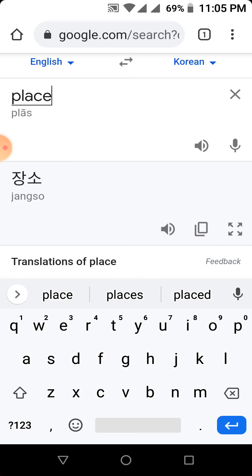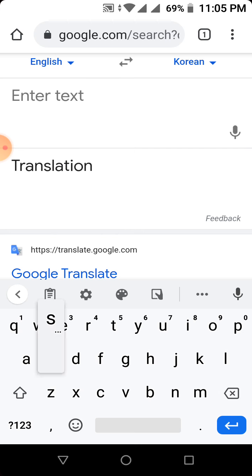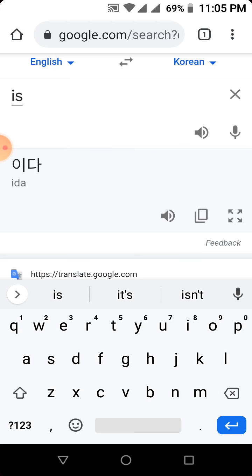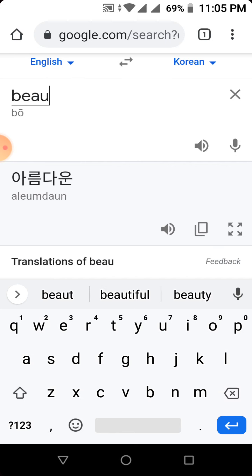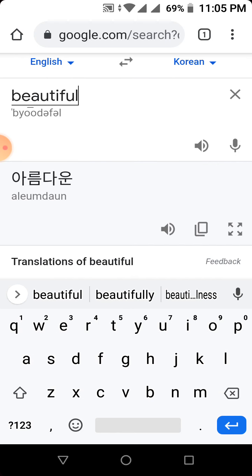So we have new or Neoui, jangso, Ihre, aleumdaun. So I have here your place is beautiful. Translation to Korean is Neoui or new, jangso, Ihre, aleumdaun.